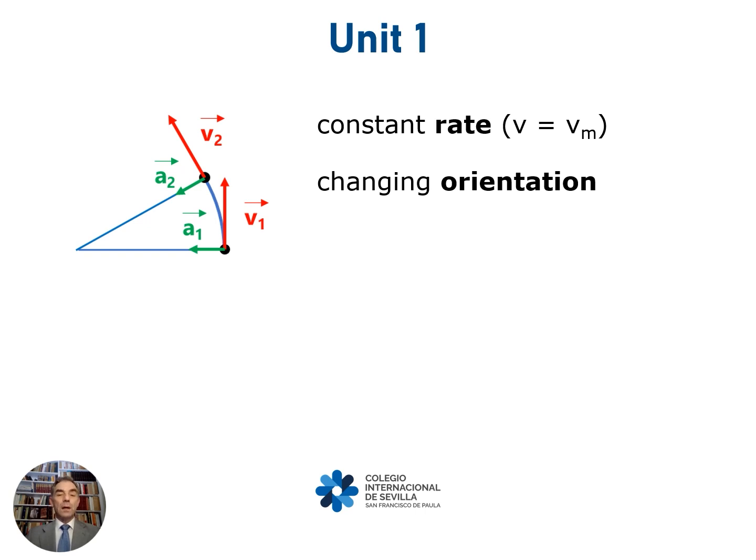That is why we represent that speed with its orientation with a V that has a small arrow on top. We call that representation a vector, which is the arrow. V with the small arrow on top is called velocity. It is a speed with an orientation.